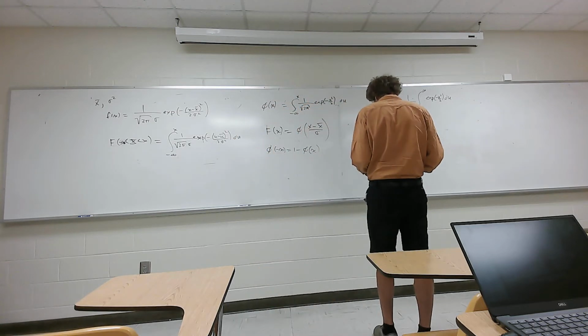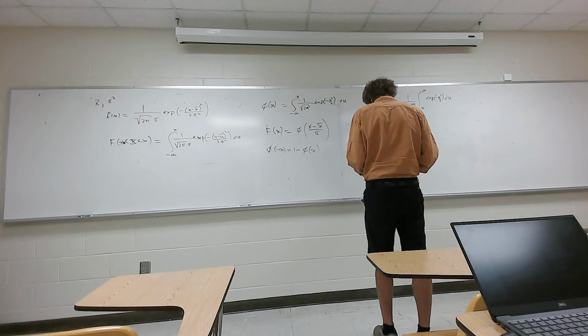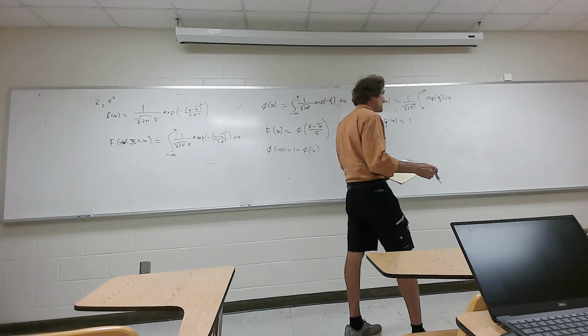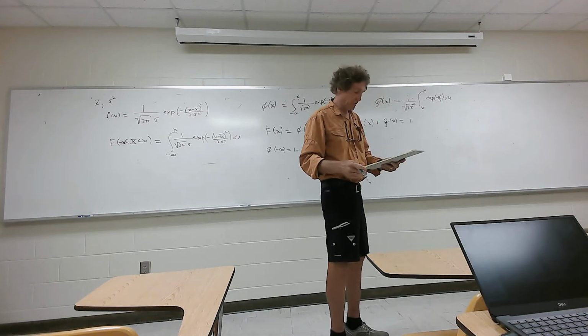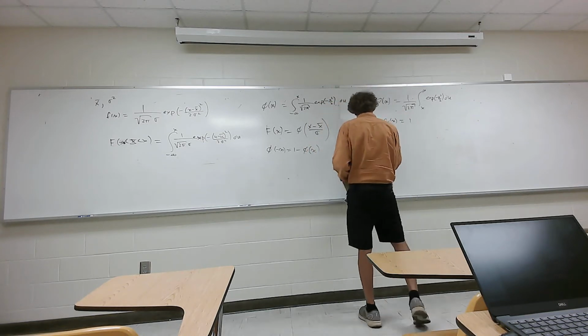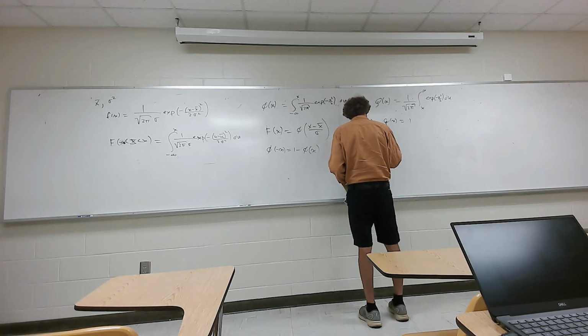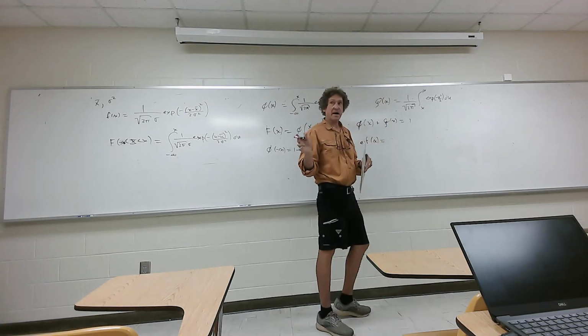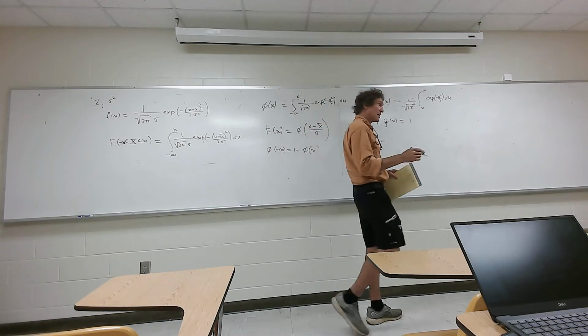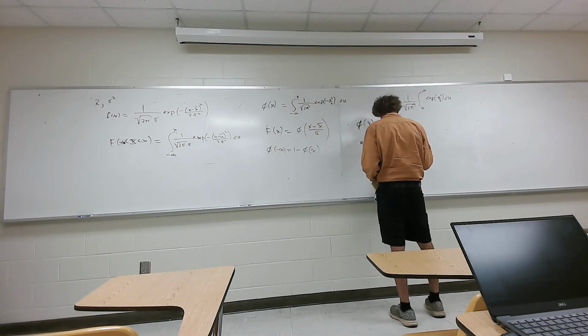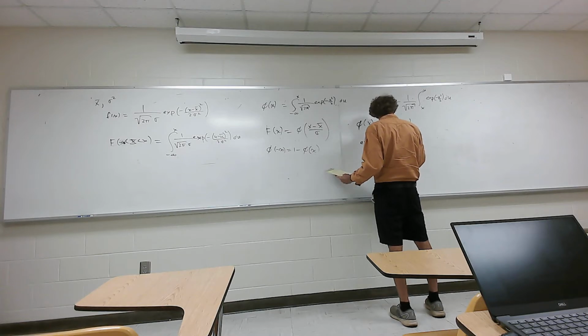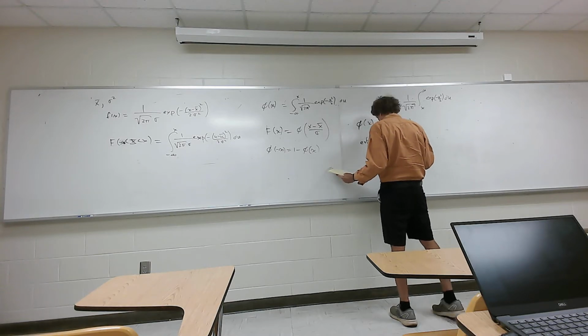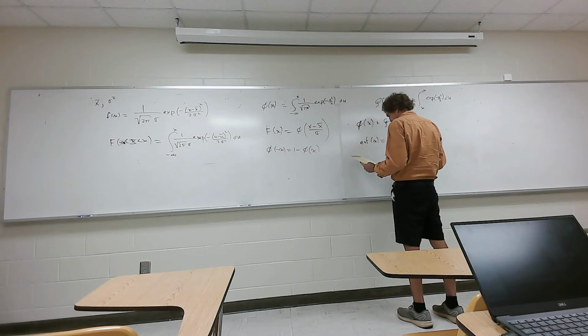Okay, so now that I've said all that, now I'm going to introduce some functions. And he does a few of them, but there's a lot of them. There's a function called the error function, ERF of x. Now this is typically on all your calculators. There's ERF of x and ERFC of x. Error function of x is simply 2 over the square root of pi times the integral from 0 to x of e to the minus u squared du.